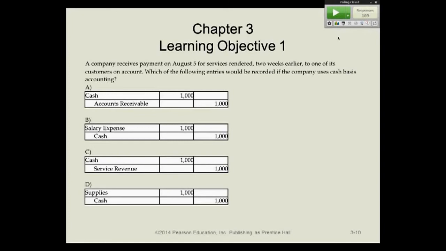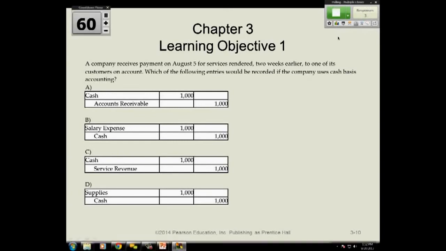Okay, let's just see again. Assuming hopefully you have this in front of you. I'm sorry it's kind of small, but I can't make it larger. All right, so again, all I want to know is what's the entry if this is the cash basis.